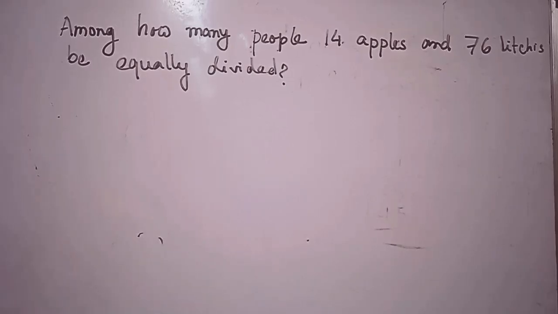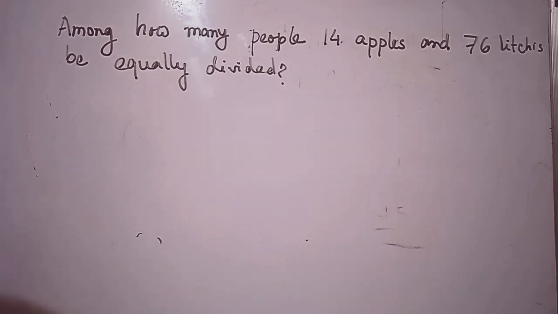So let us take a problem sum and solve it using this division method. The question is: among how many people can 14 apples and 76 lychees be equally divided? We have to find that number of people.